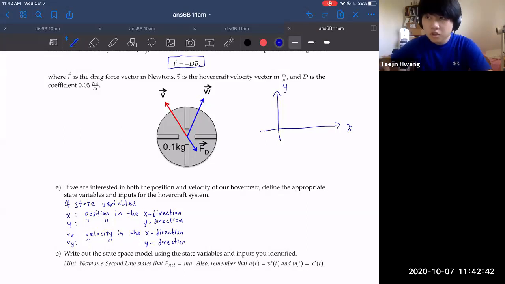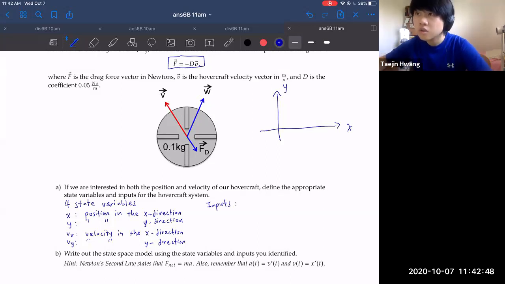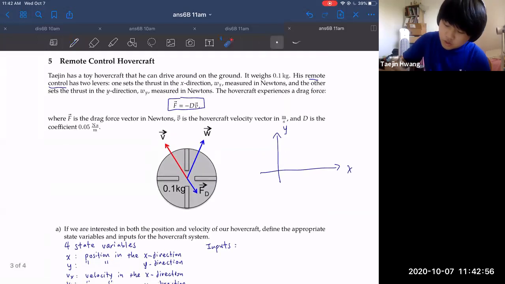Okay, and inputs. Do we have any inputs? Well, we have a remote control, so hopefully that should give us a clue on what the inputs are. And notice how the remote control gives you a thrust in the X and Y directions.